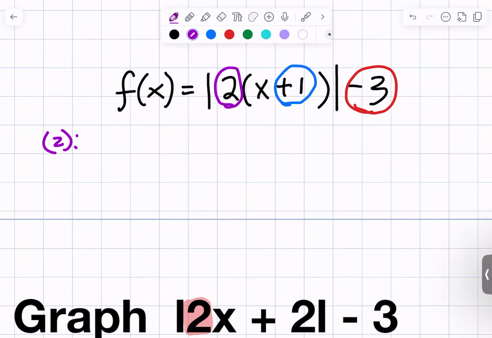It's inside, answering my questions, right, that we learned last week. It's inside, and we're multiplying. So if it's inside, it's horizontal. If it's multiplying, it's a stretch or compress, correct? Now, if it's horizontal or if it's inside, we have to use our gut.